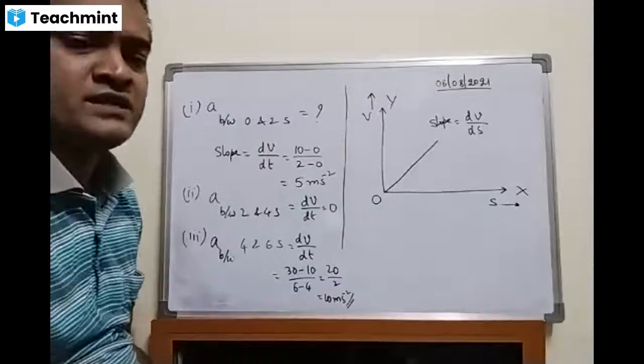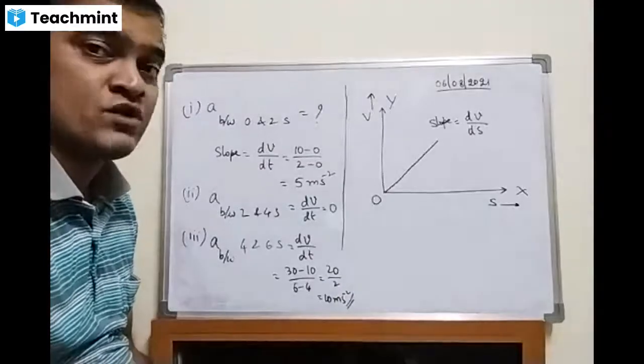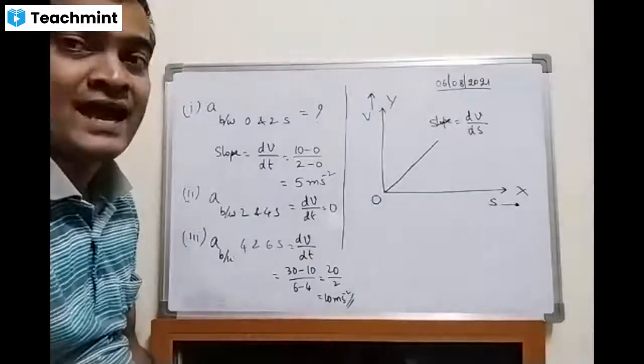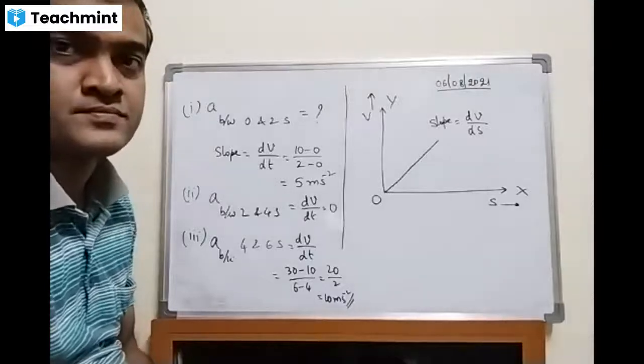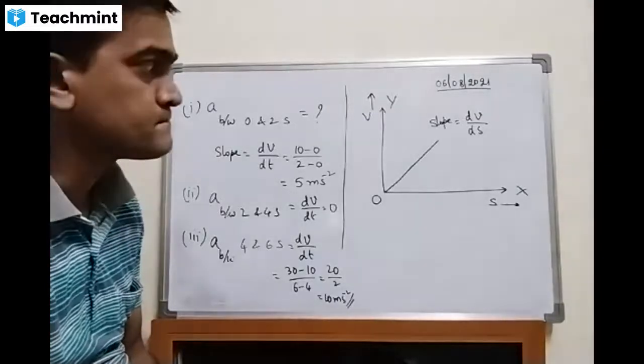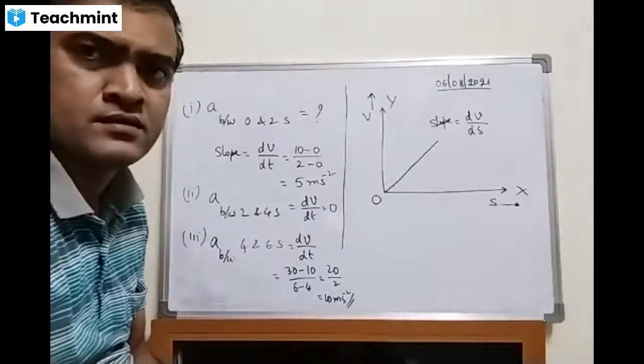But dv by ds, is there any meaning? I need acceleration from this. V by s, that was the time?